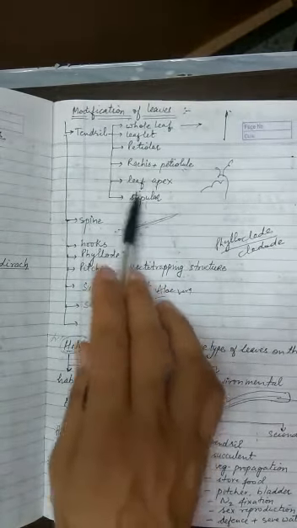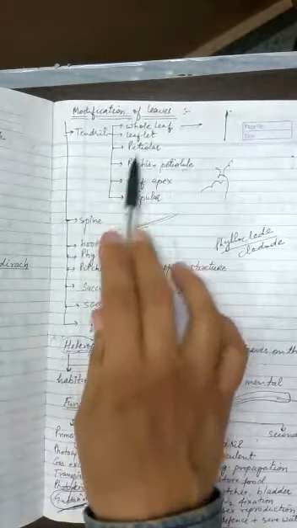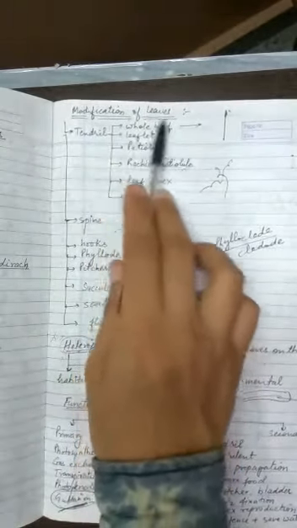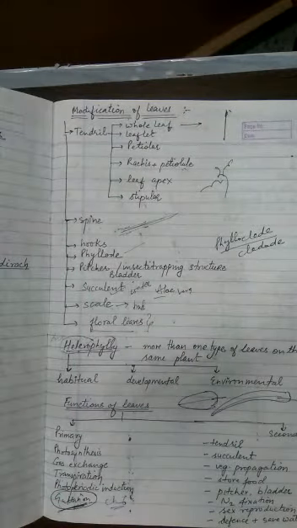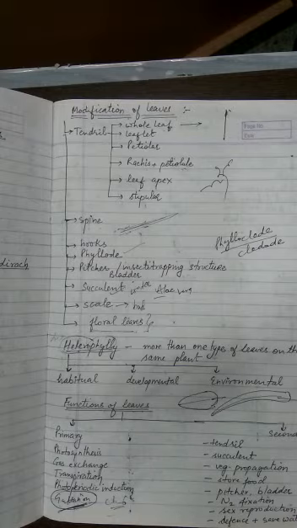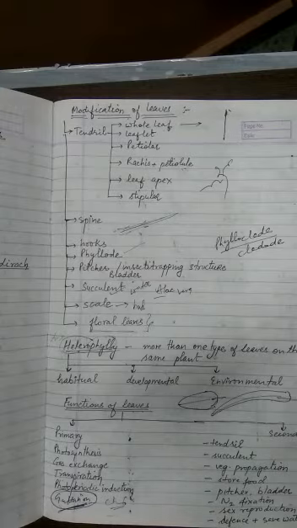The stipule may change into tendril. So various portions of the leaf, or maybe the complete leaf, can modify into tendril, and the function of tendril is the same in all these various origins of modification, that they help the plant to climb up, because such plants have an erect stem, but the stem does not have the strength to rise up on its own. So tendrils help in climbing up.